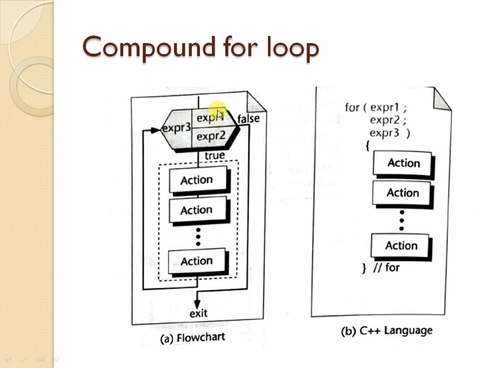So everything is the same. We have expression 1, we have expression 2, we have expression 3. So if you observe this flow, there are multiple actions. So we have action 1, 2, 3, and so on.